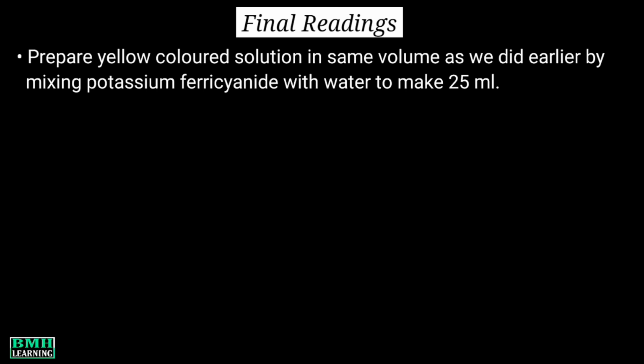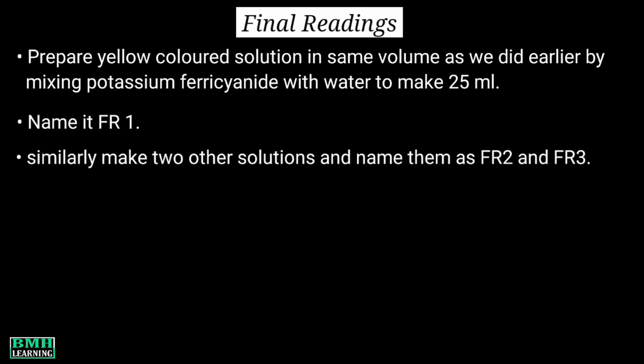Let's proceed to final readings. Prepare the yellow colored solution in the same volume as we did earlier by mixing potassium ferricyanide with water to make 25 ml. Name it FR1. Similarly, make other solutions and name them FR2 and FR3.